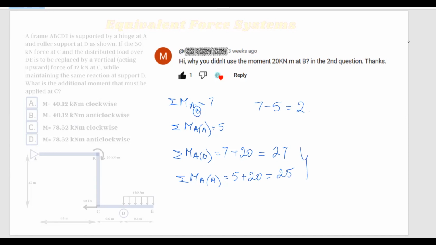Now we're asked for the difference between 27 and 25, and I get the same answer, 2. This is why, in this case, it doesn't really matter: the reaction at D and the moment at B act as a constant.